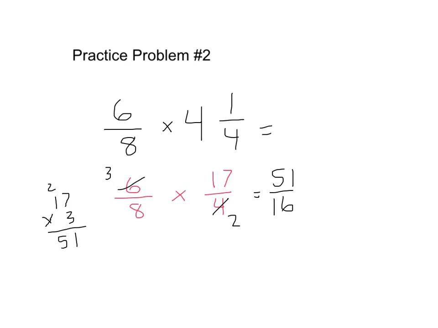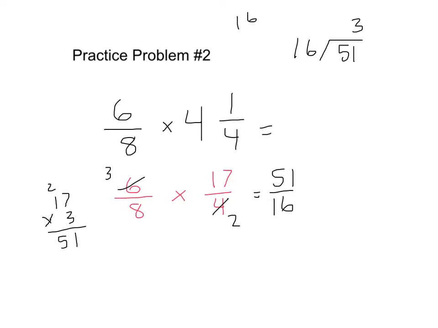Now this is an improper fraction. I need to guess and check how many times 16 goes into 51. I might guess 3 times. So I'm going to take 51 divided by 16, and I'm going to use 3 as my guess.